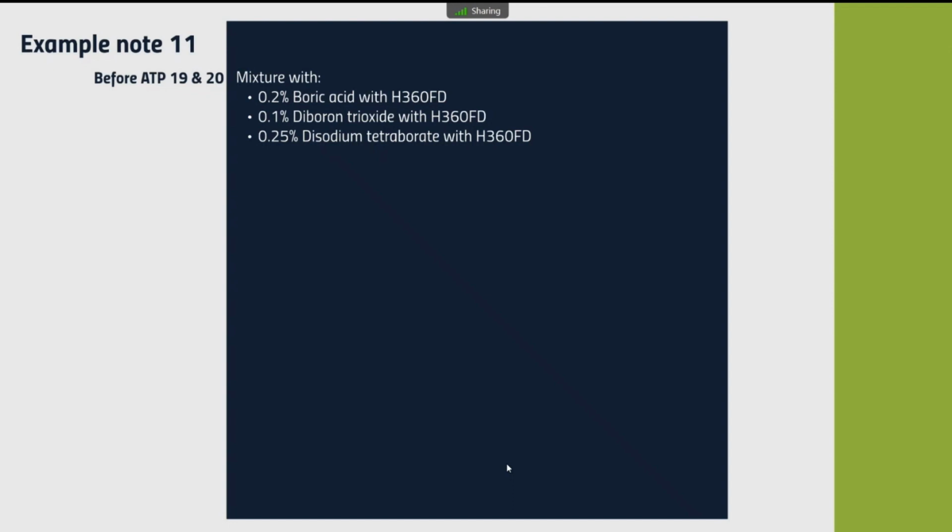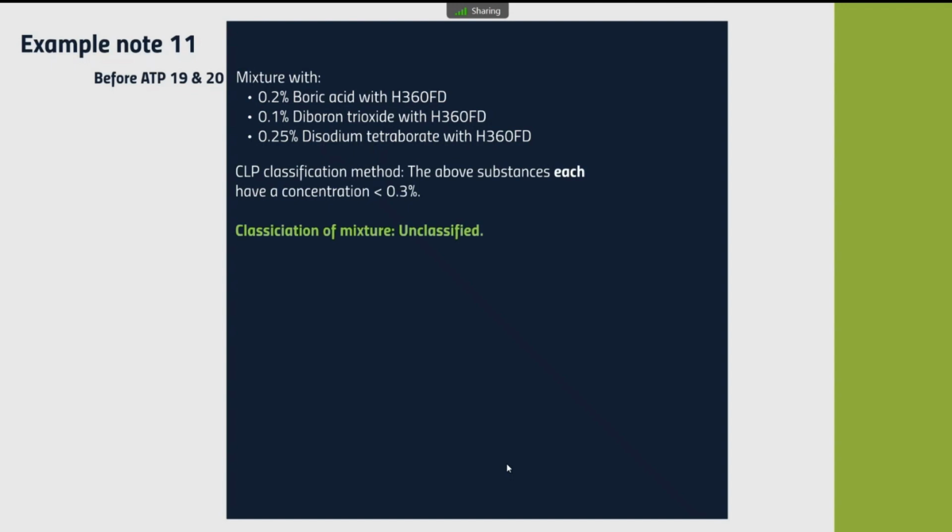They all 3 have the classification H360FD, reprotoxic category 1. To classify the mixture, we have to look at each individual substance and whether the concentration is equal to or higher than 0.3%. If not, as in this case where they are all below 0.3%, then the mixture will remain unclassified for this hazard.